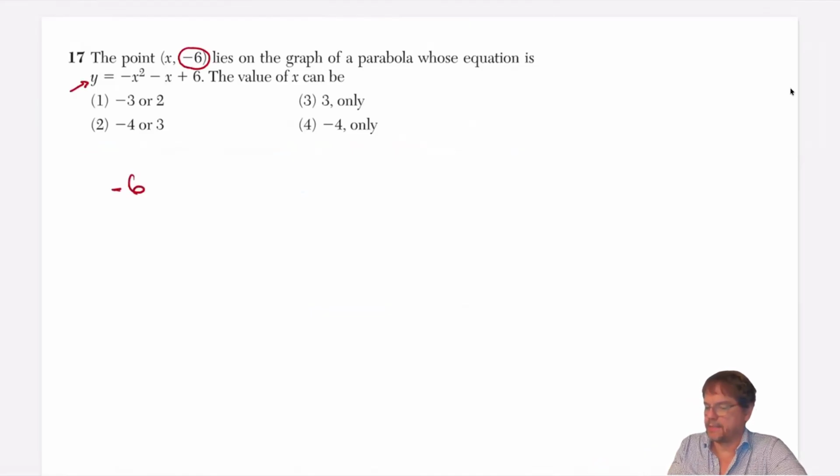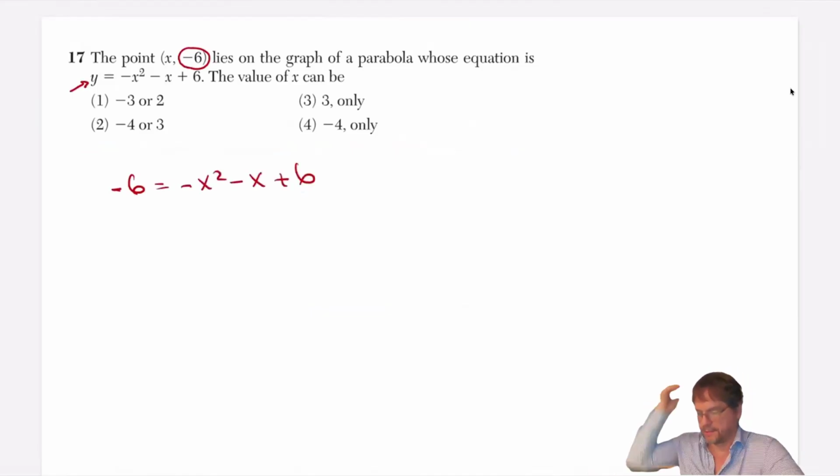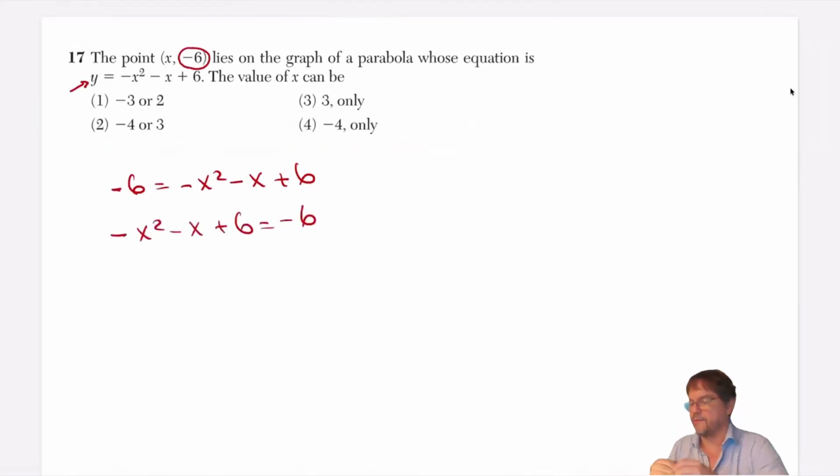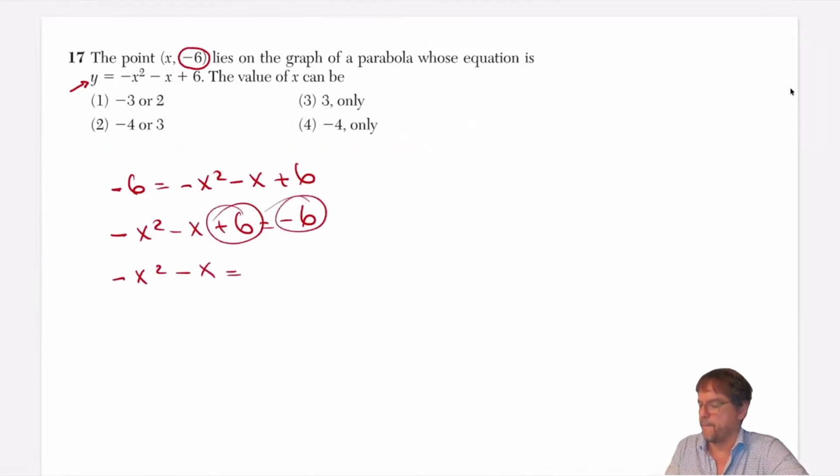So minus 6 is equal to minus x squared minus x plus 6. Is that okay? I write minus x squared minus x plus 6 is equal to minus 6. It's the same thing. I didn't change anything. Is that okay? Minus x squared minus x is equal to minus 6 because I will pass to the other side, is minus 12. Is that okay?